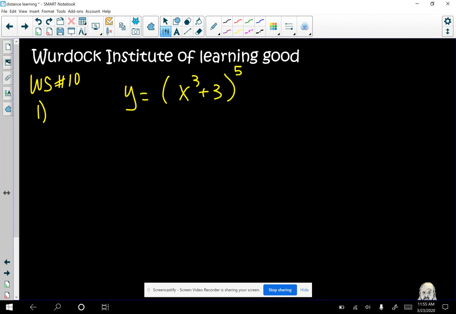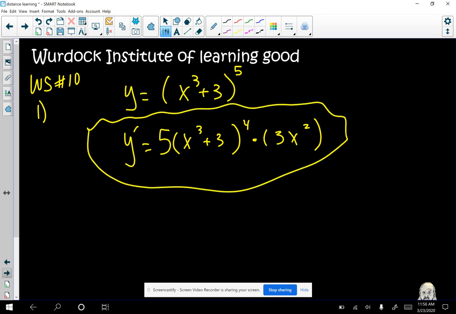So the derivative of the outside, so I'm ignoring x cubed plus 3, is 5 times something to the power of 4. I place x cubed plus 3 back in there. And now I evaluate the derivative of the inside, which is 3x squared plus 0. So I'll just leave that like that. We'll call that good.